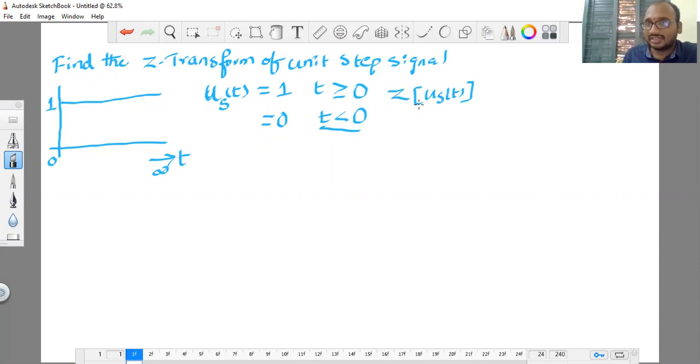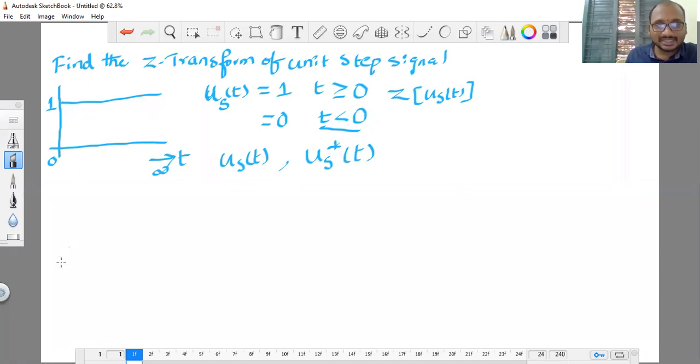Before going to find the Z transform, first you have to find u_s star of t by applying the sampling process.